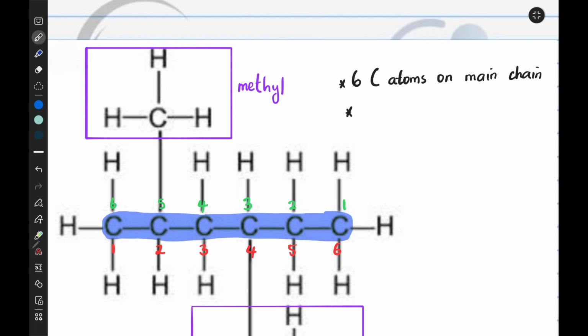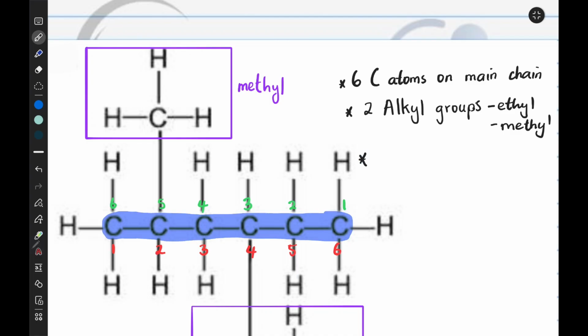And then we also see that we have 2 alkyl groups, which is ethyl and methyl. All right, that's something we see as well.